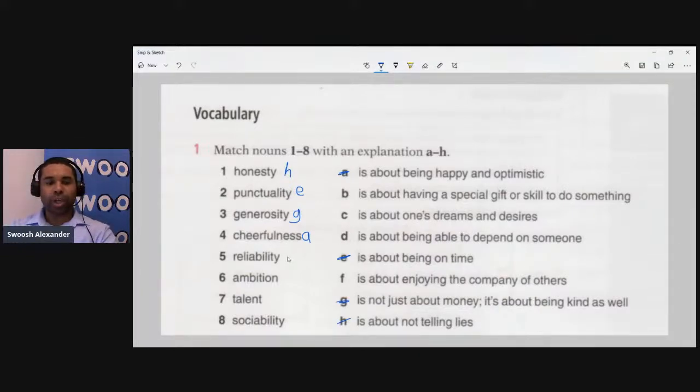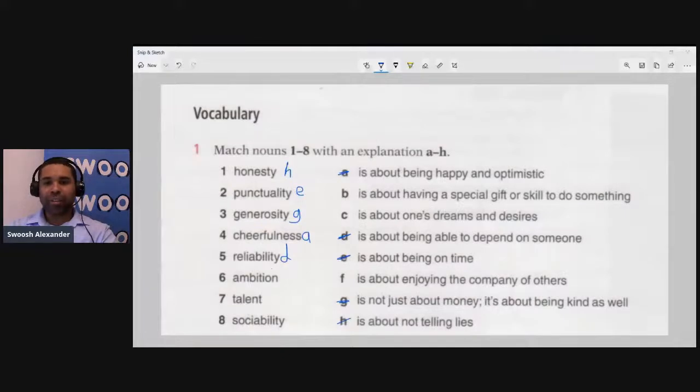So if you are reliable, then you are dependable. Somebody needs you for something, you will be there to help them. If you say you're going to do something, you will do it. So this is the quality of reliability. And so the answer there would be D.